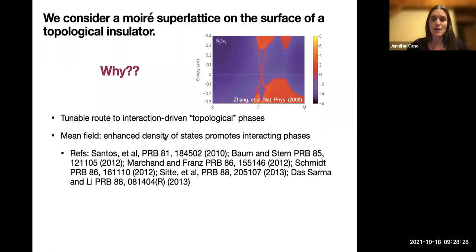And so that's the result that we're going on here. We want to see if we can apply a superlattice, which will change the velocity of the Dirac cone and start to flatten it. And as it flattens it, it will enhance the density of states, and enhancing the density of states will make the interacting phases more feasible.